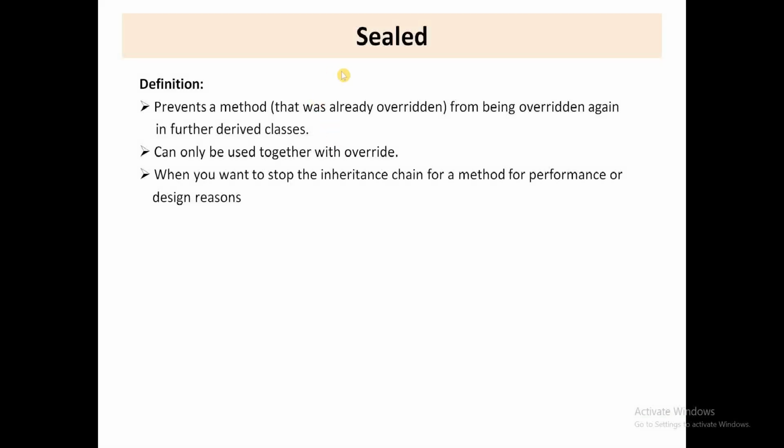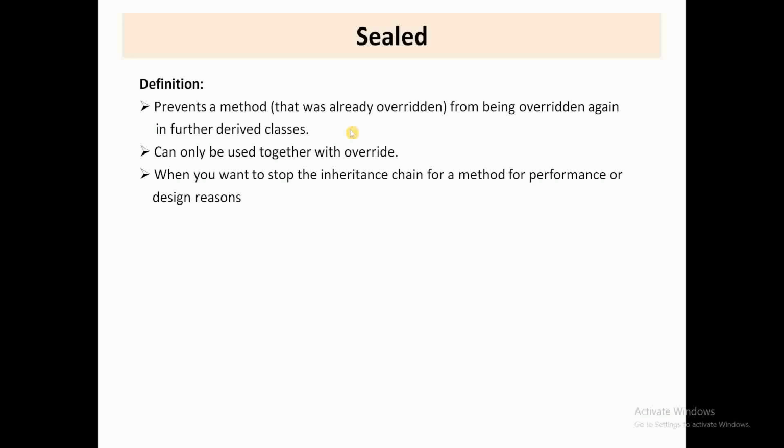So the next modifier is the sealed keyword. It prevents a method that was already overridden from being overridden again in further derived classes. Suppose we are using the previous example, that is the abstract class, where we created two derived classes, and we do not want to create a new derived class or new subclass.